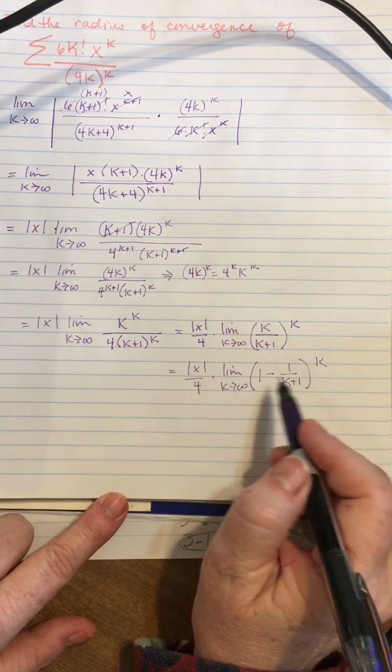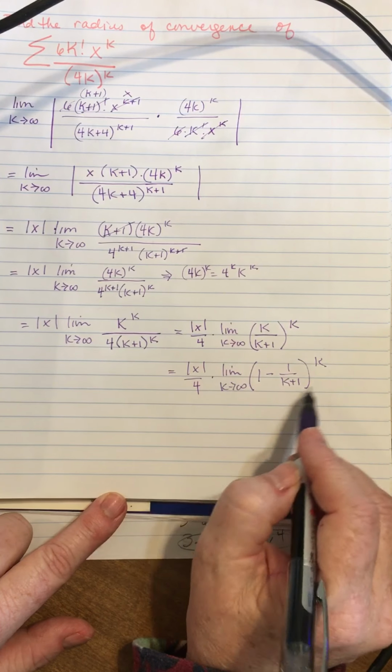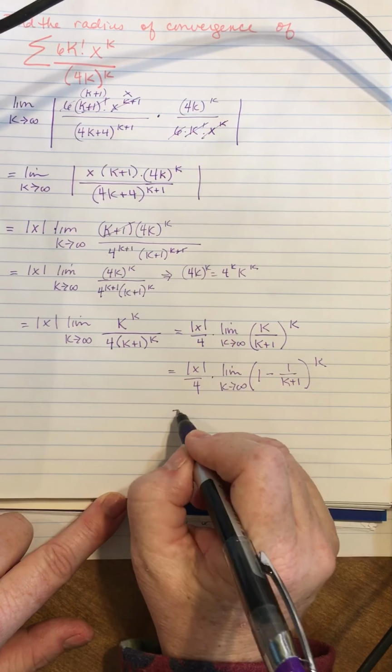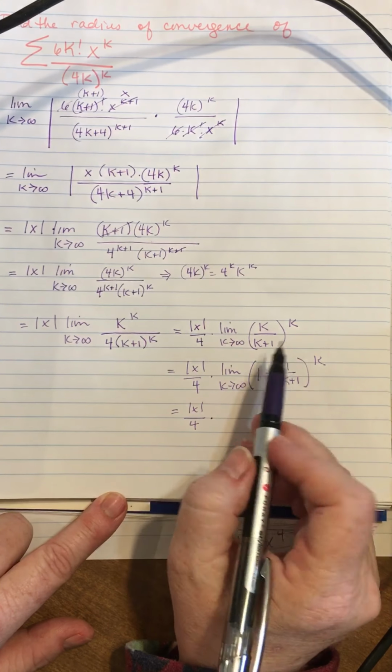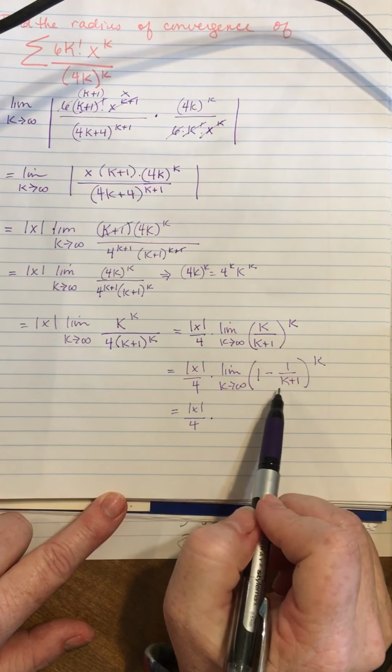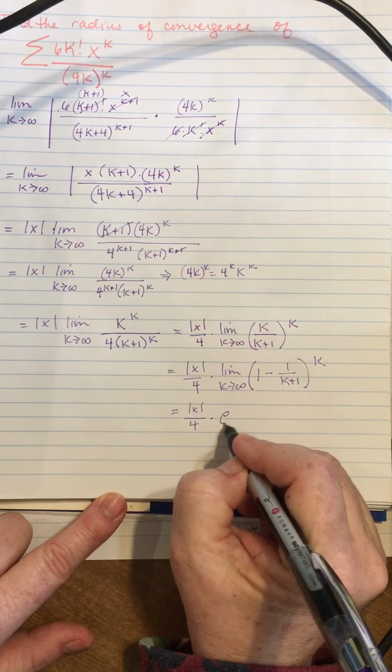And so this limit, we talked about these, it's one of our special limits, slightly adjusted, but it's x over 4 times that limit. Whether you use L'Hopital's rule on it here or here, you're going to get e to the negative 1.